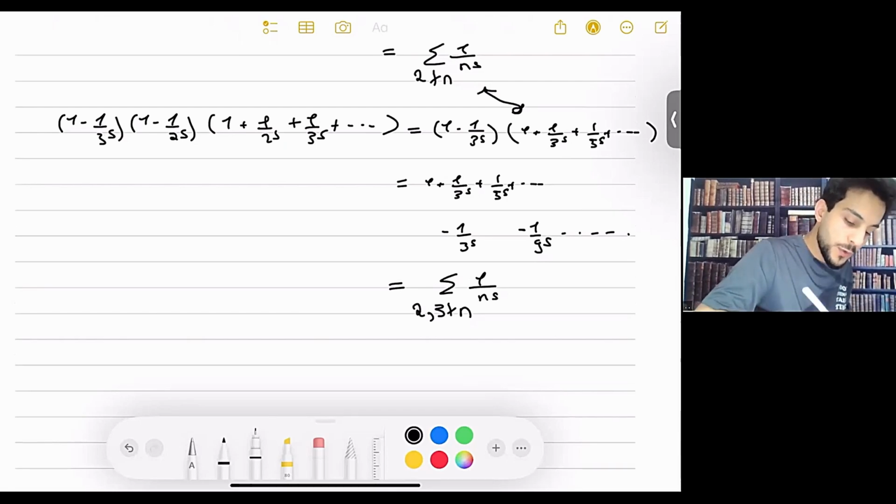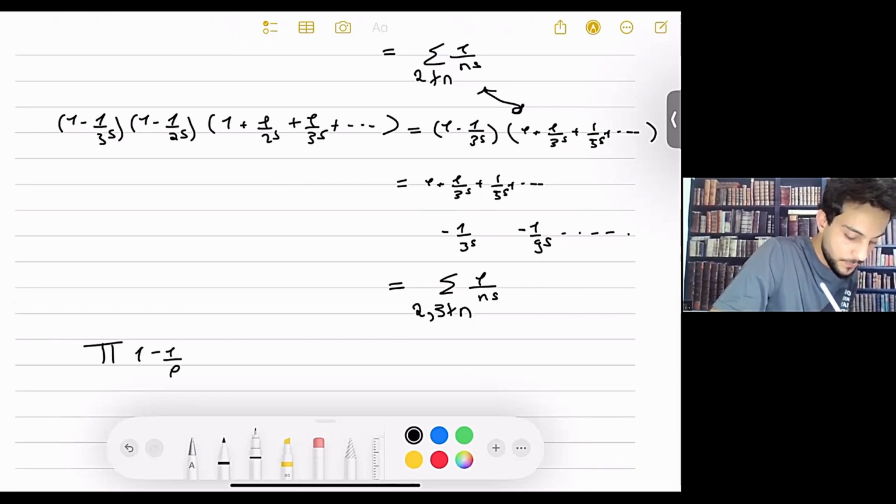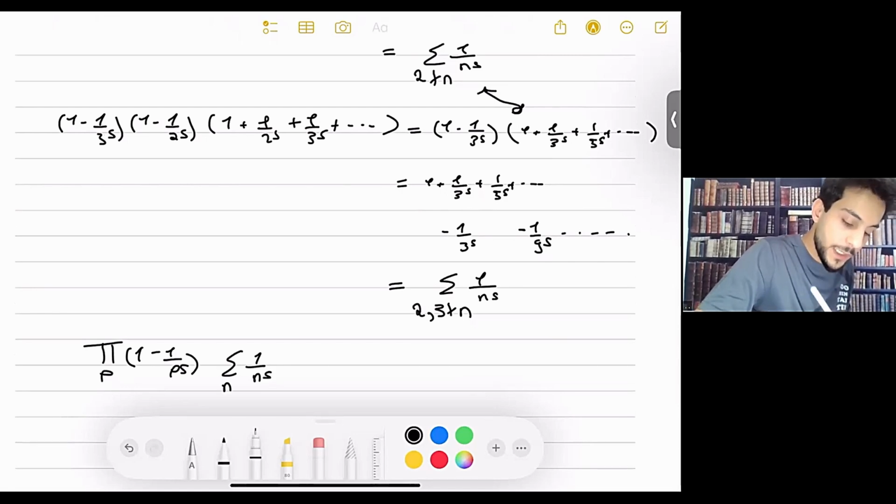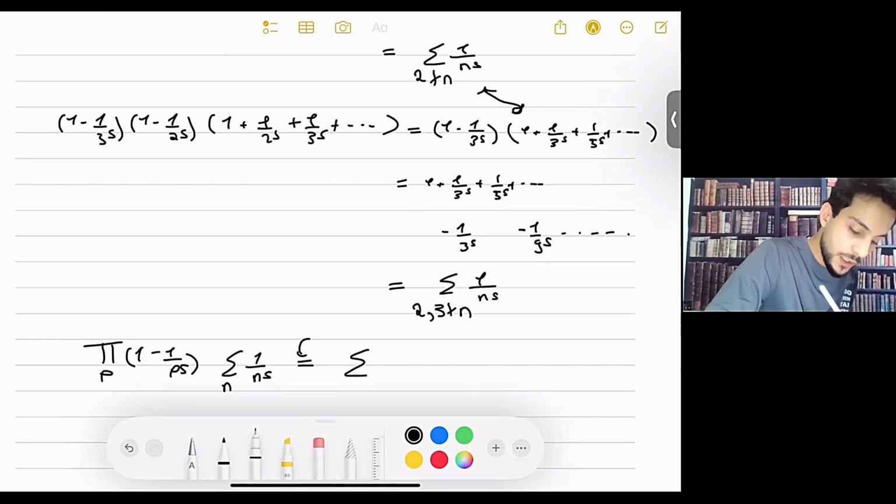Now, if we repeat the process for every prime, and we do that for all the primes, what's going to be left is the sum, and this was conjectured by Euler.